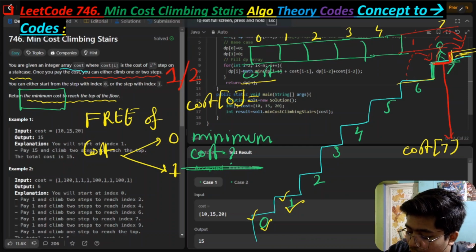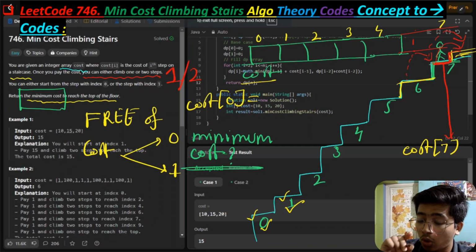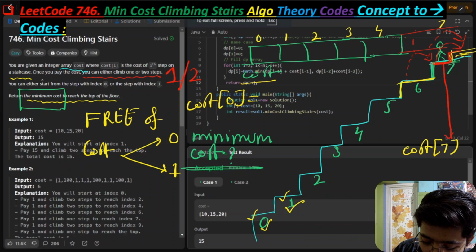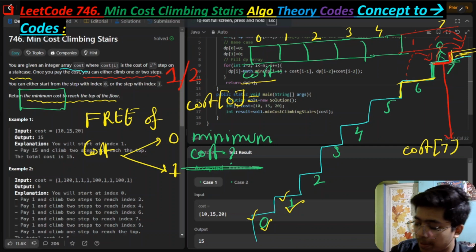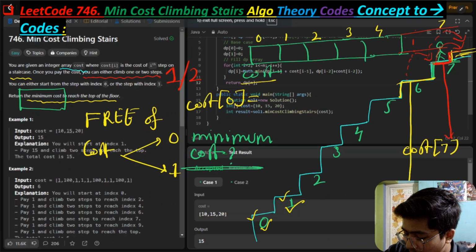Now if we are at index 6, we have to pay the cost of that index. They are telling that once we pay the cost we can climb, so we have to pay the cost. So if we are at index 7, we have to pay the cost of 6.